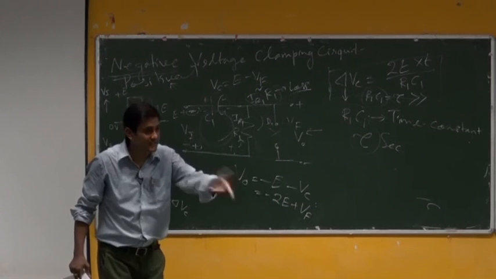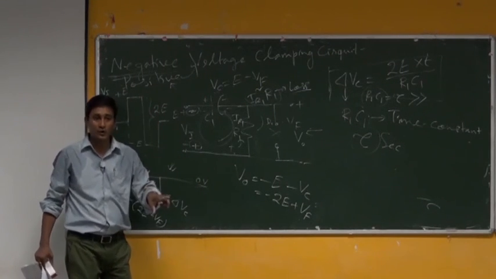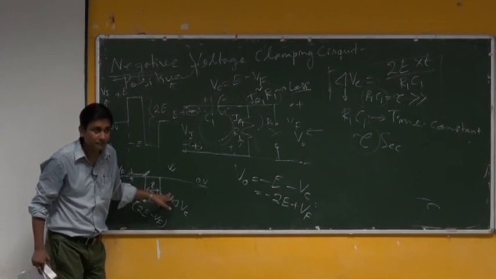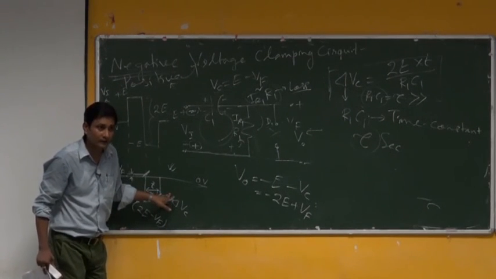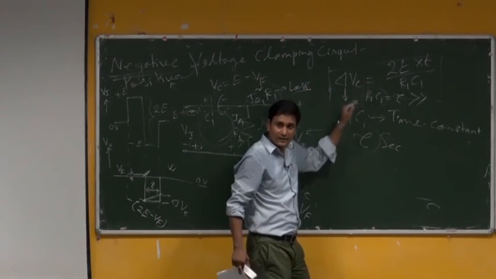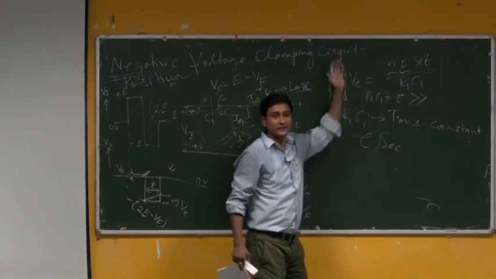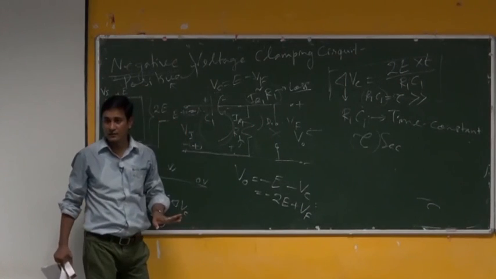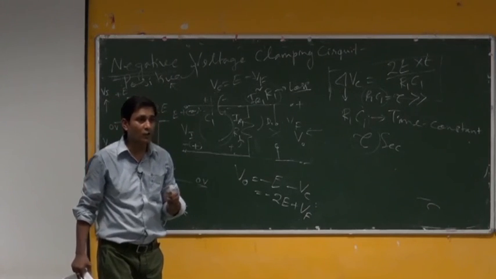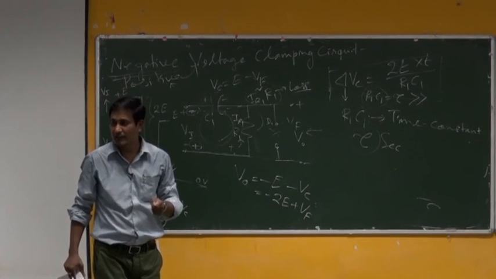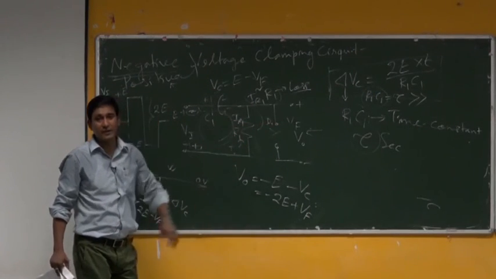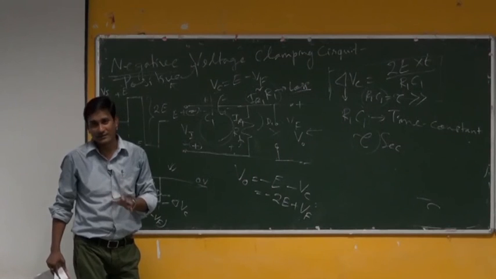It will be resisting to flow, and if it resists to flow, then this voltage drop will not be able to happen. That is why if you increase R1, R1 C1 increases, time constant increases, and finally delta Vc decreases. So time constant basically is a response time also, how quickly it will respond. If you want to restrict that, it can be controlled by the time constant, which is defined simply by the resistor and capacitor connected through it.